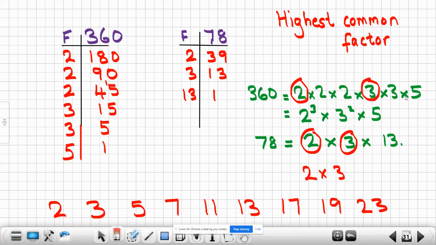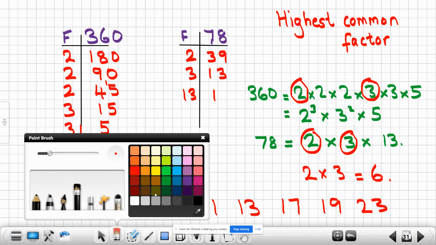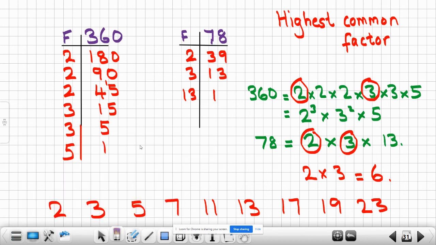So we can only take out common factors of 2 times 3. So their highest common factor is 6. And we would usually just use the abbreviation HCF equals 6. So although they're big numbers, they have a very small highest common factor.